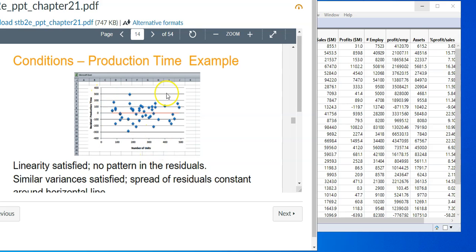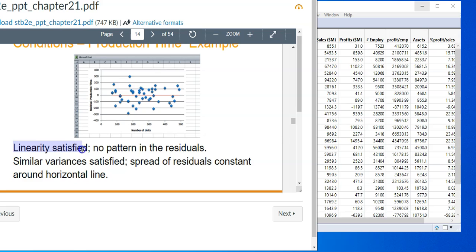If they look like a rectangle around the zero line, or like a circle, symmetrical around that horizontal red line, that means we have independent residuals. If they are not independent, you will see a pattern here. They're going to move up or move down, or look like a U, or like an A, and so on, or look like a V.